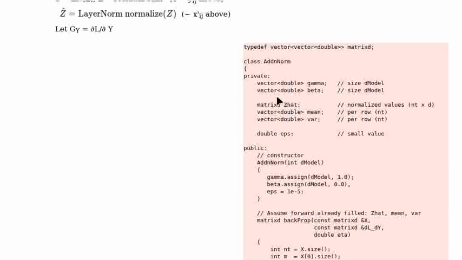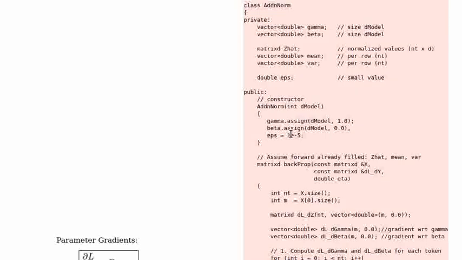This is the implementation. Okay, we declare the class with vector gamma, the size is d model, beta, size d model, and matrix c hat, the normalized values, is nt times d model, the mean per row, the variance per row, and the small value epsilon, and this is the constructor with input parameter d model.